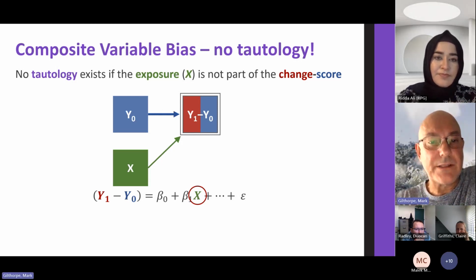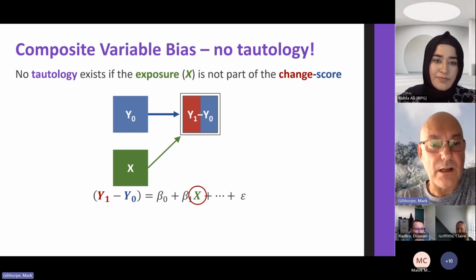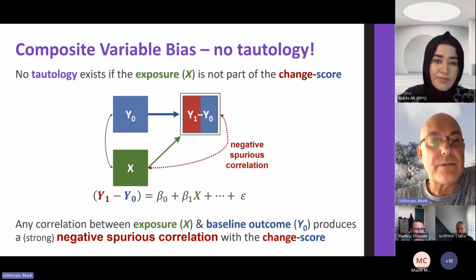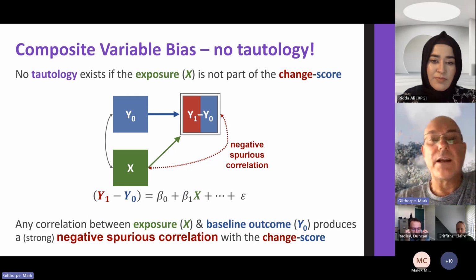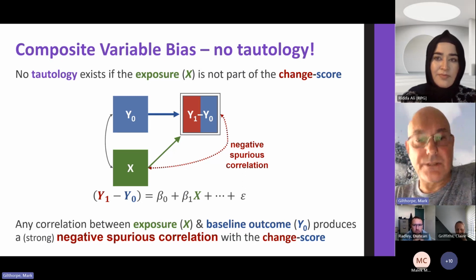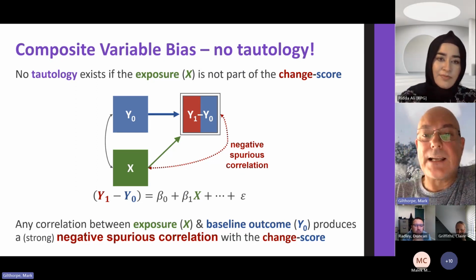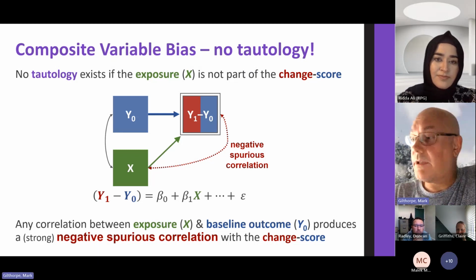The issue arises in observational data, not trial data, because if we have any relationship between X and Y0, the baseline outcome and exposure, then there's a spurious correlation between them, right? Because that could have been caused by common confounding. And that relationship then gets negated and added into the outcome, the change score. So the relationship between the change score and the exposure contains that negative, spurious correlation. And it can be quite strong.